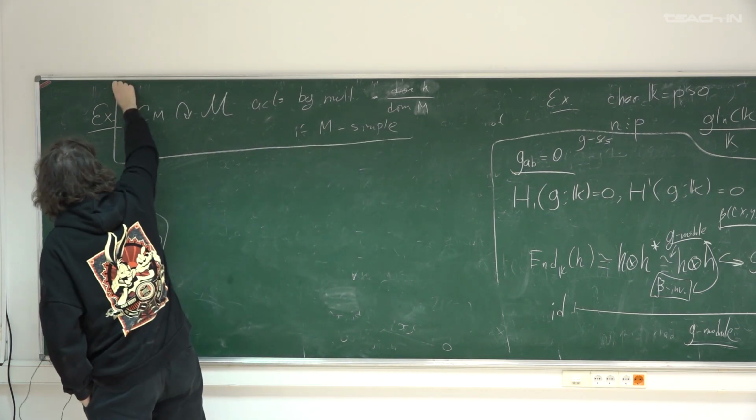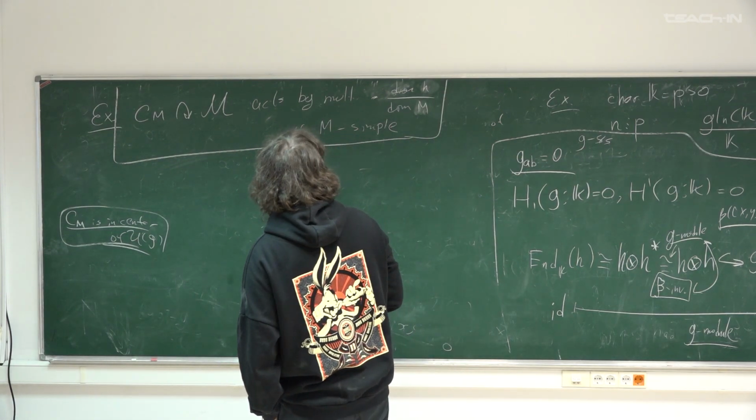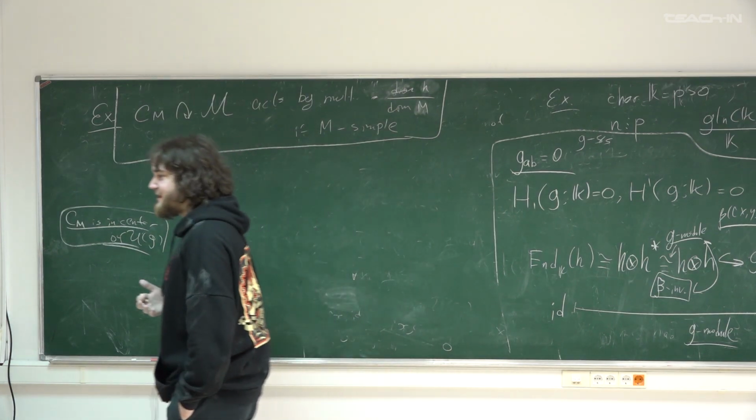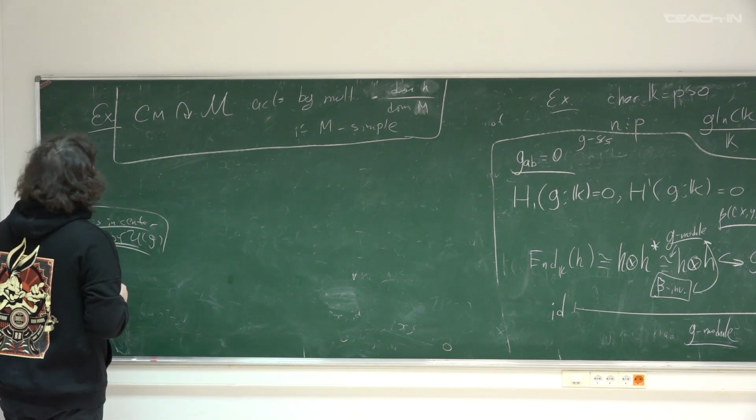So in fact, the also important property of this element is that it acts by a scalar of this form if m is simple, if it has no non-trivial submodules. The representation is irreducible. Okay, now I hope I will prove this next time.